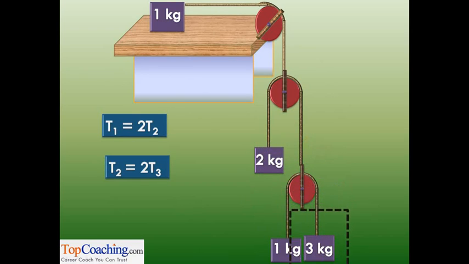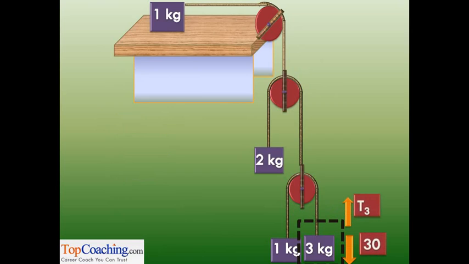We can similarly apply the equation F equal to ma for the 3 kg block in the vertical direction. The tension upwards is T3 and the net force acting downwards, the gravitational force, is 3g, and if g is 10 meter per second square, the net force acting downwards is 30 Newton. By applying the equation F equal to ma, we can say that 30 minus T3 is 3 into A3.